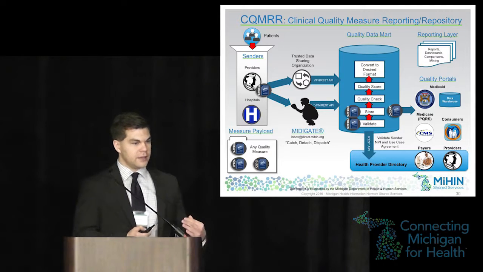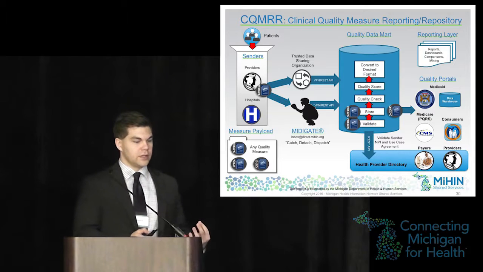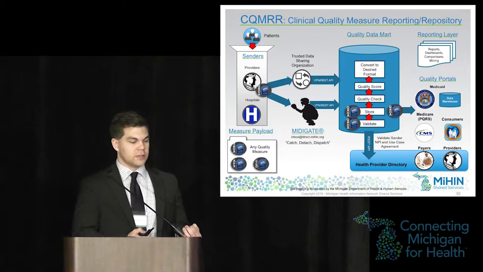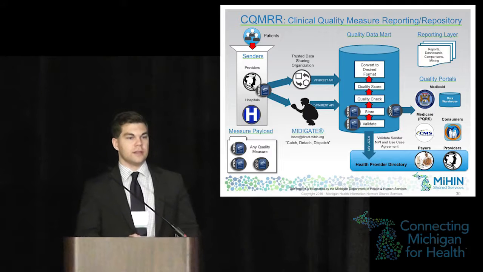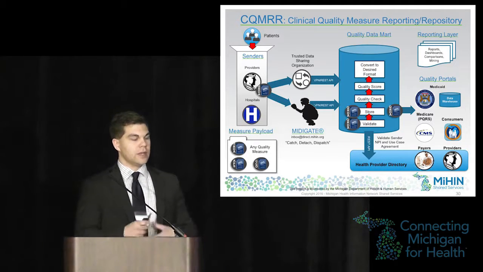We then validate that file, make sure it's a valid QRDA. We can store it for purposes of display, and if necessary, convert it to a different format. If you want to send QRDA Cat1 files, we can roll those up together into a Cat3.